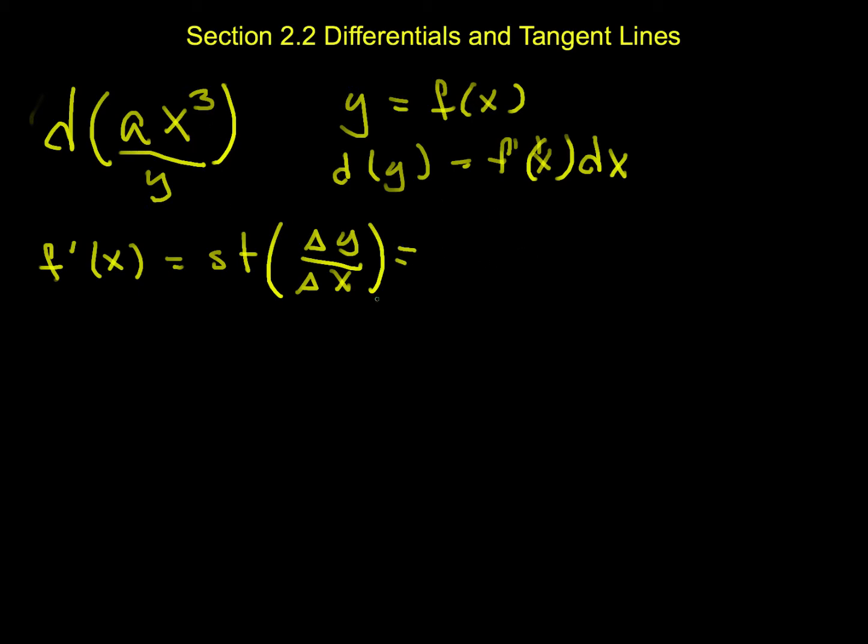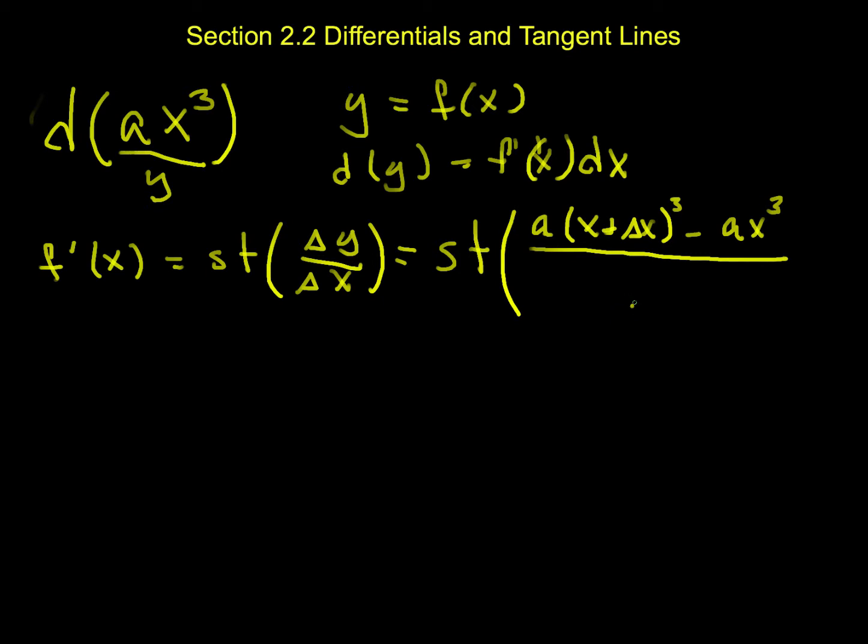And so here our y is ax cubed, so this is going to be the standard part of a times quantity x plus delta x, cubed, minus ax cubed, all divided by delta x. So we'll have to expand this out and simplify. The top is an infinitesimal. The bottom is definitely an infinitesimal. So we can't compute the standard part as of yet, but we can simplify and hopefully get some canceling.